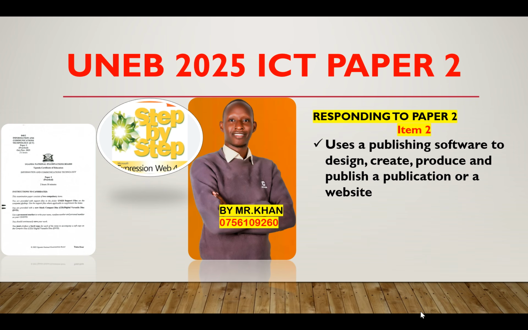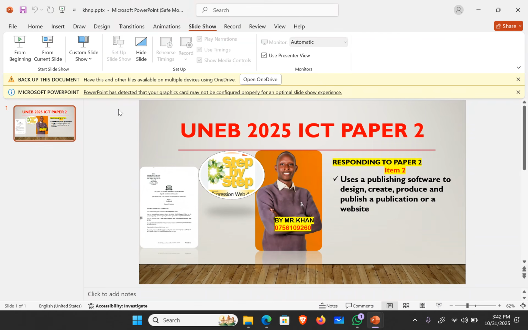In today's UNEB, Item 2 was basically requiring us to design a website. And simply today we are going to use Expression Web 4. Of course, the instructions are always very clear, and let's dive straight away into the question paper.